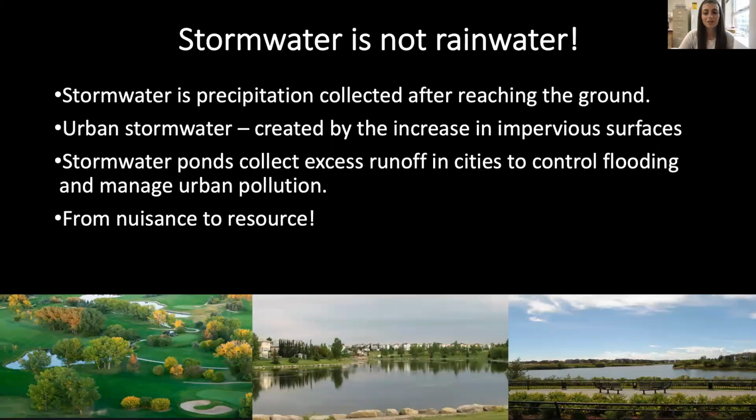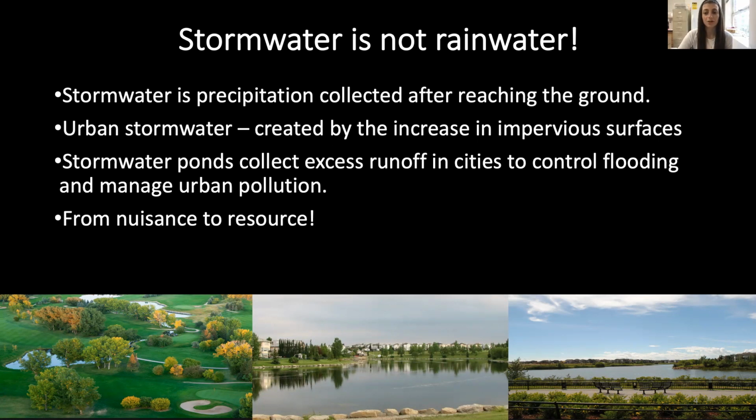And so stormwater is precipitation that is collected after reaching the ground, which is a key difference between stormwater and rainwater. Our study focused on urban stormwater, which is runoff that is created by the increase in impervious surfaces that occur in urban environments. The purpose of stormwater ponds is to collect excess runoff from storms in cities in order to control flooding and manage urban pollution.